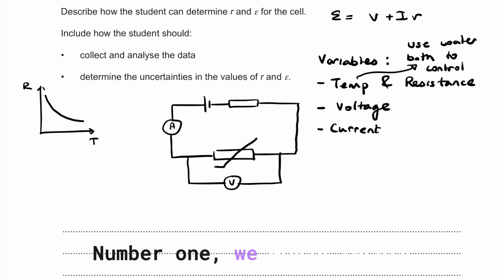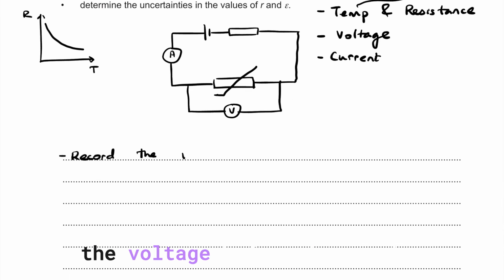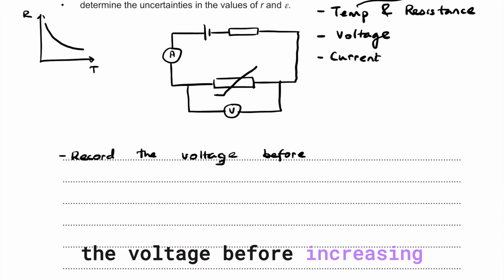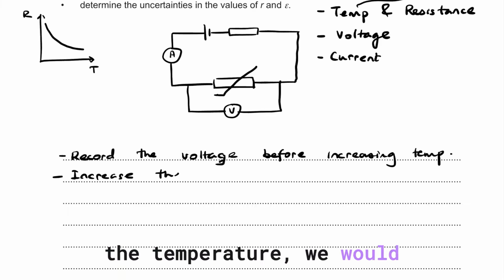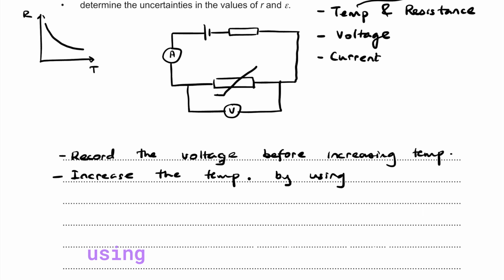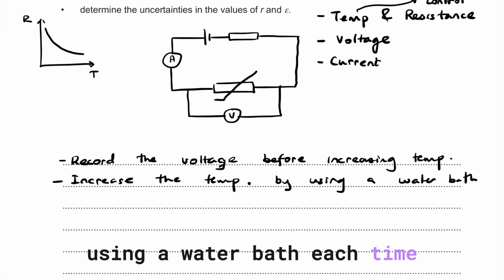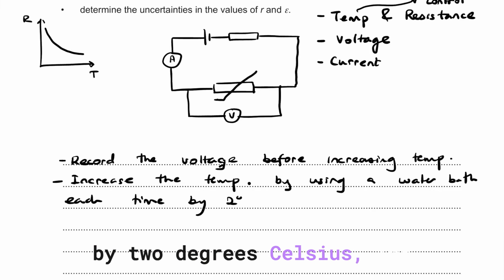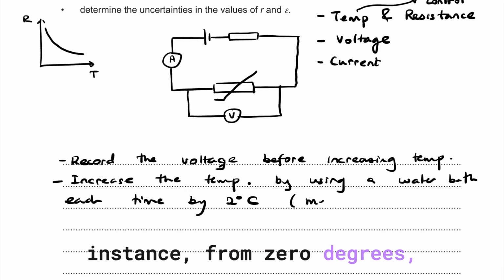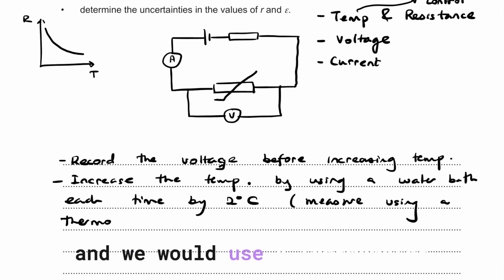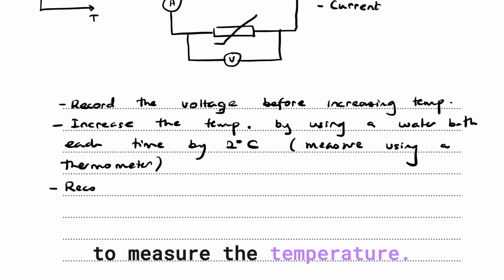Number 1, we would record the voltage before increasing the temperature. We would increase the temperature by using a water bath each time by 2 degrees Celsius, for instance, from 0 degrees, and we would use a thermometer to measure the temperature.